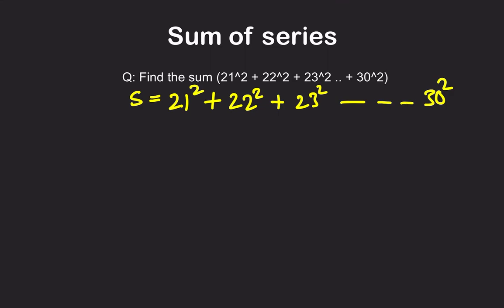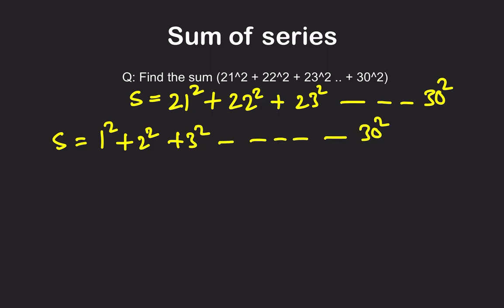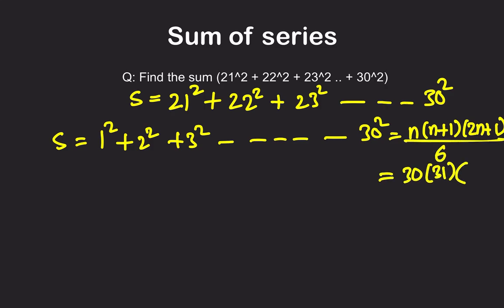I know how to calculate the sum starting from 1. I can do 1 square plus 2 square plus 3 square up to 30 square. This is very simple. This is n into n plus 1 into 2n plus 1 by 6. I will put 30, 31, 61 by 6 and this is the value.